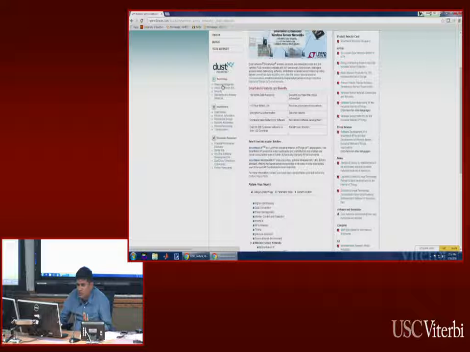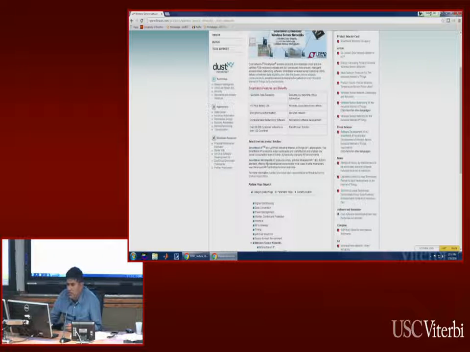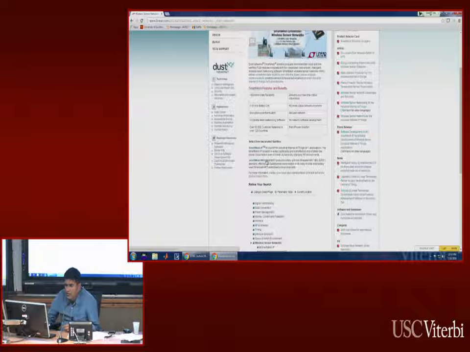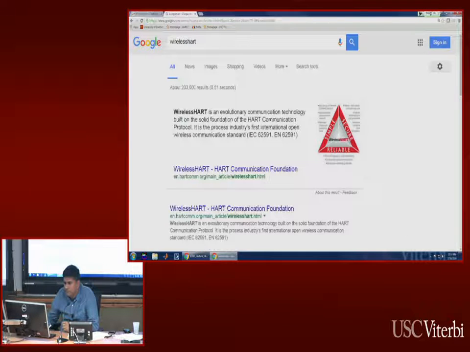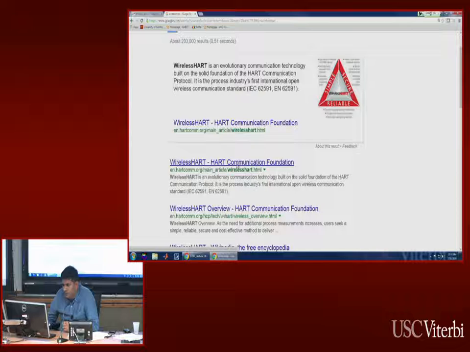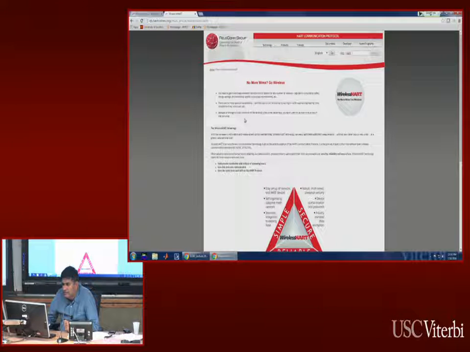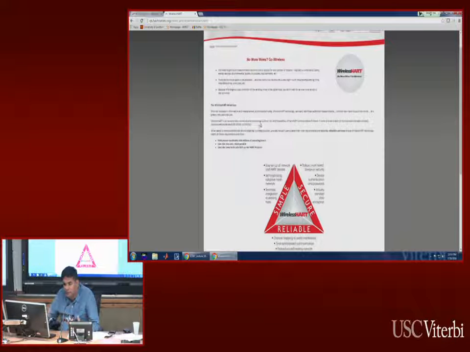On this page, which I recommend browsing if you're interested, they also point to certain standards that are out there. WirelessHART is an example of a standard that is relevant to these types of networks. It is a standard for industrial sensing and control using static wireless devices. So a lot of companies may have a chemical plant or some kind of process, and they have different parts in that process where they want to measure what's happening to the chemicals or change some parameters in real time.